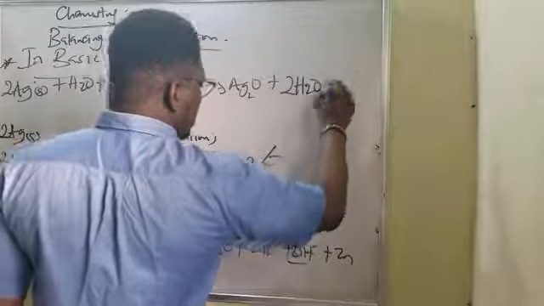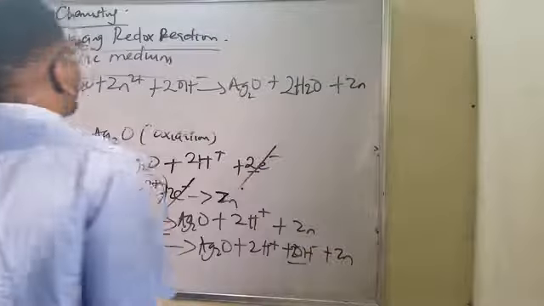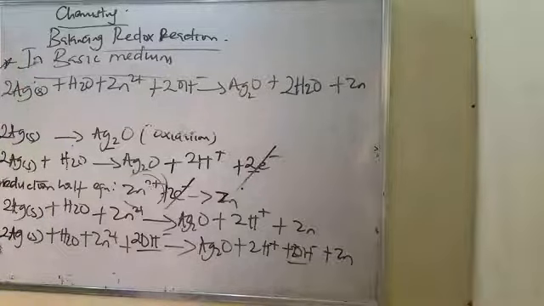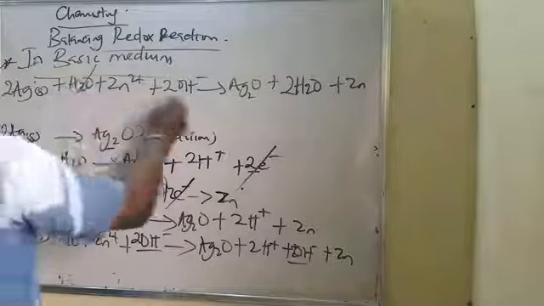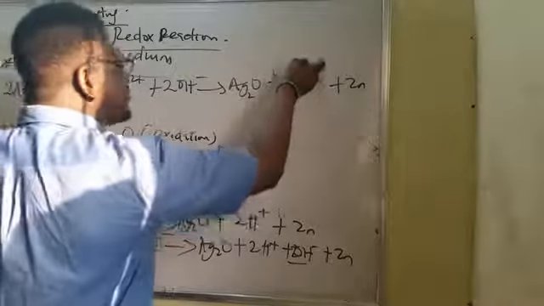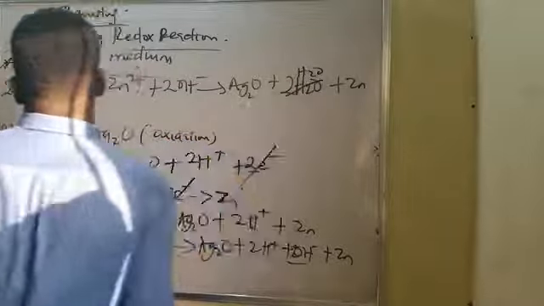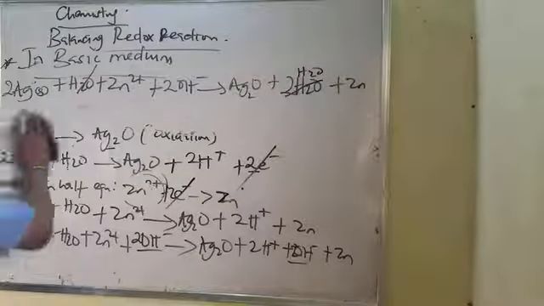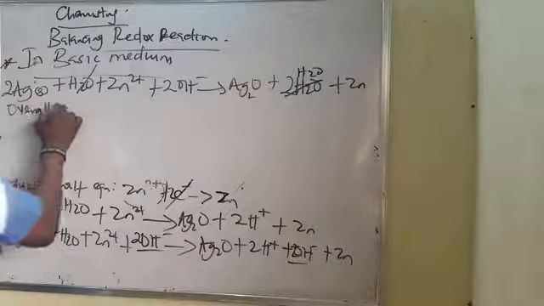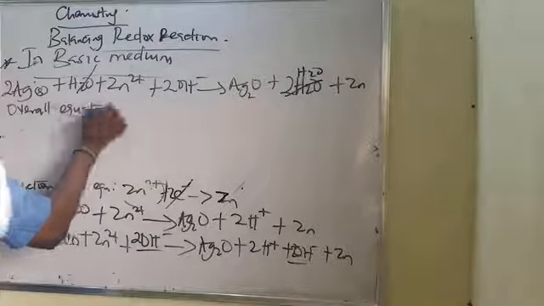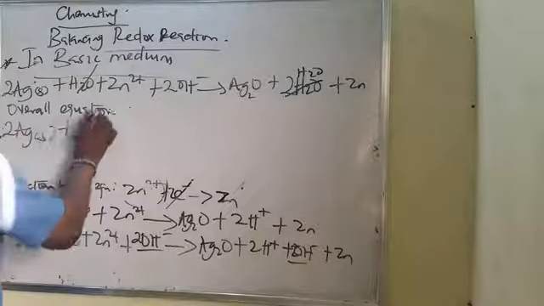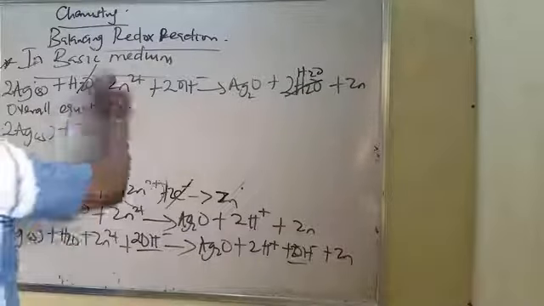That's 2H2O plus Zn. Now, I have water here and I also have water here on different sides. So I can reduce my water molecule if this leaves, because it's more or less like a subtraction process. So this will leave for this and this will still be left to be H2O. So my overall equation becomes 2Ag solid plus Zn2+, because this has been given up.